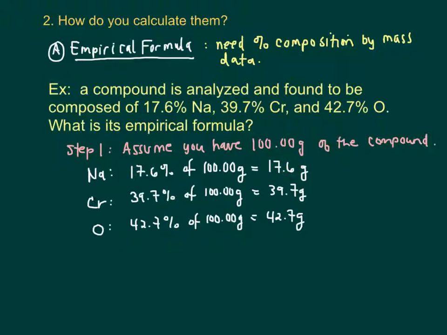So 17.6% of 100 grams is 17.6 grams. 39.7% of 100 grams is 39.7 grams, and 42.7% of 100 grams is 42.7 grams. So now we have our masses of the elements that compose this compound.